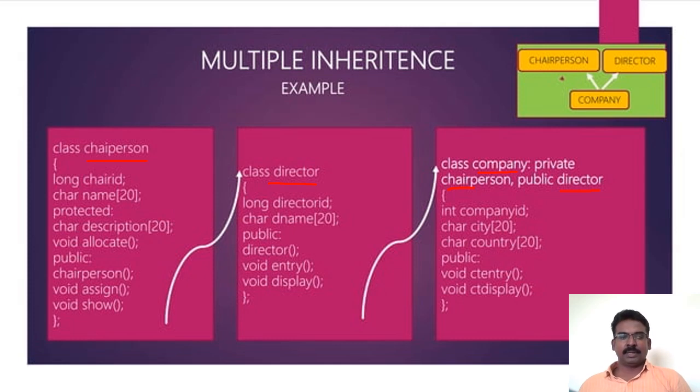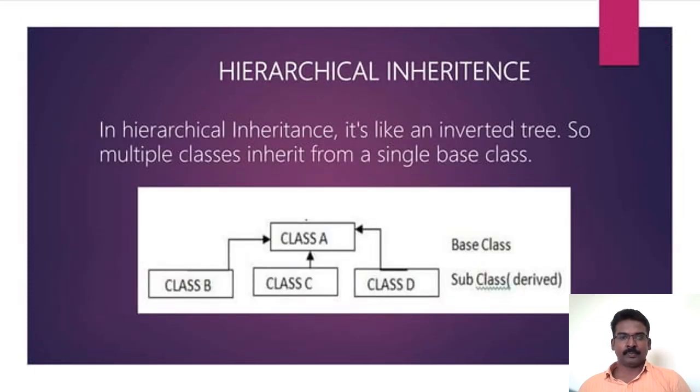The company class is deriving from both the chairperson and director classes, so the two classes' properties are transferred here. This is nothing but multiple inheritance.